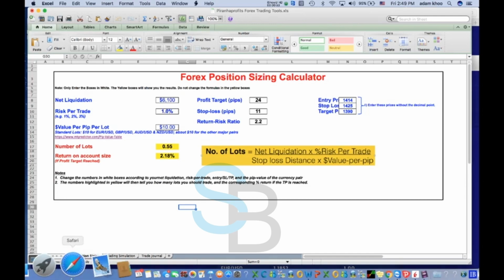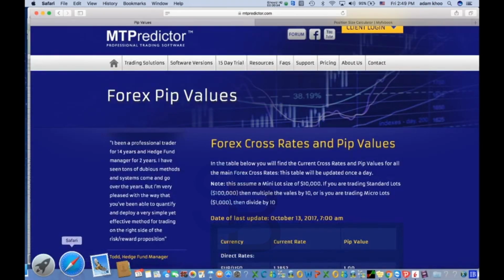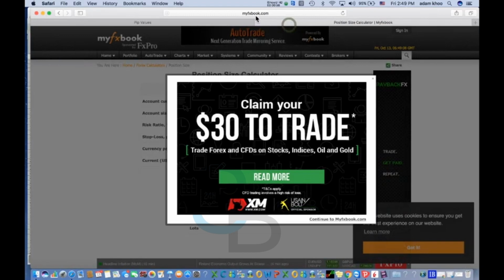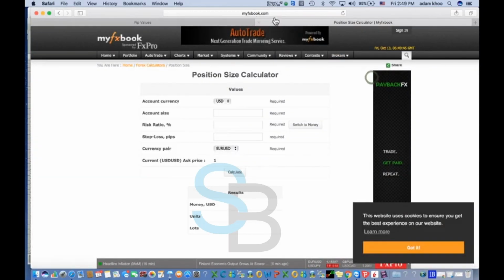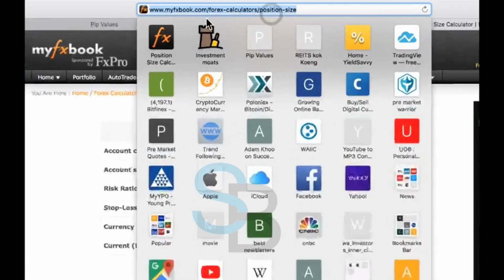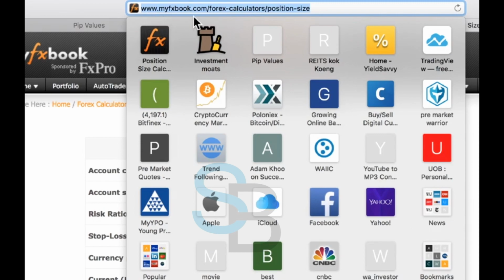Like I mentioned in the earlier lesson, under position sizing, you can go to any website that has a position sizing calculator. This is one of them, myfxbook.com/forex calculator/position size. So you could use this. You also have an app on your phone that you can use.